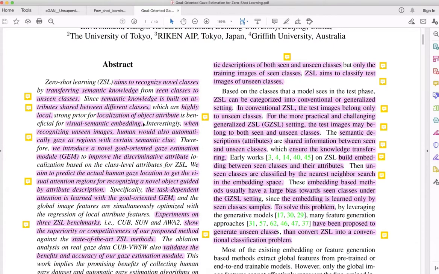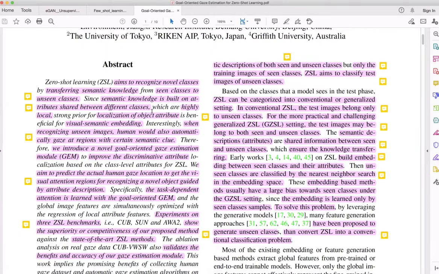So it can measure, like, a cosine similarity or a vector space model, measuring the angle of the distinction between those. So the extra information that is needed is the semantic knowledge, which is built on attributes shared between different classes.